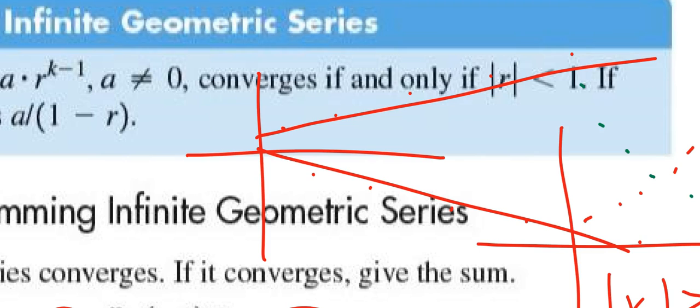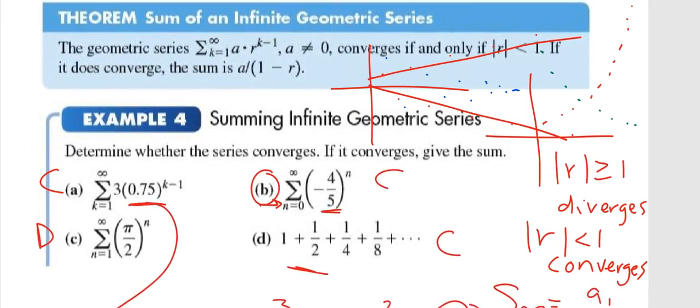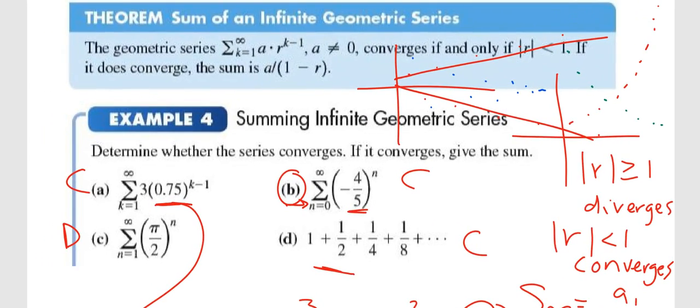The sequence diverges in this kind of pattern, and sometimes sequences do this kind of thing where they're alternating back and forth, but they're getting closer and closer to something. But that's more of a discussion about sequences. When we talk about series converging and diverging, we don't normally have such an alternating pattern.